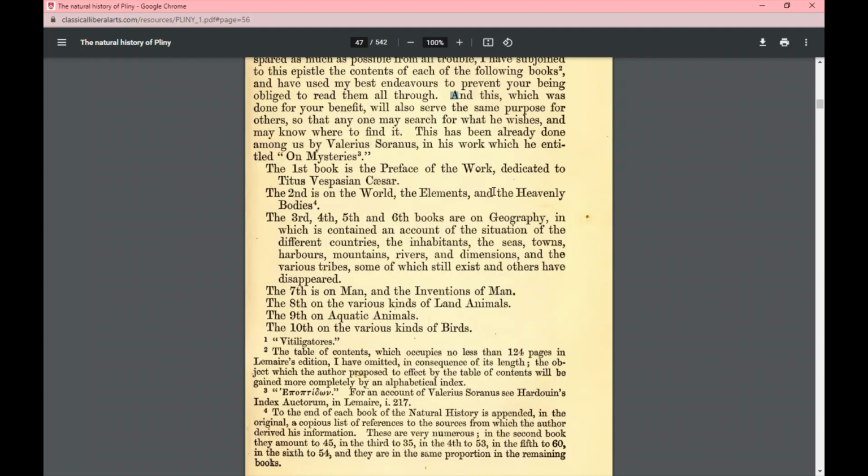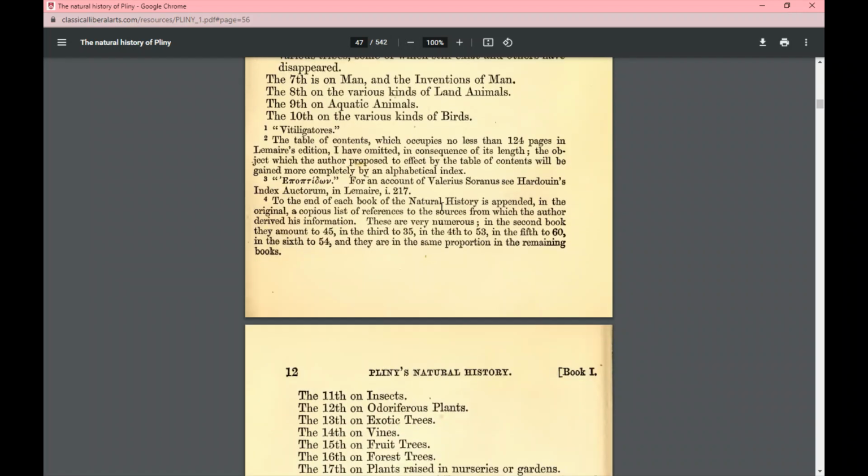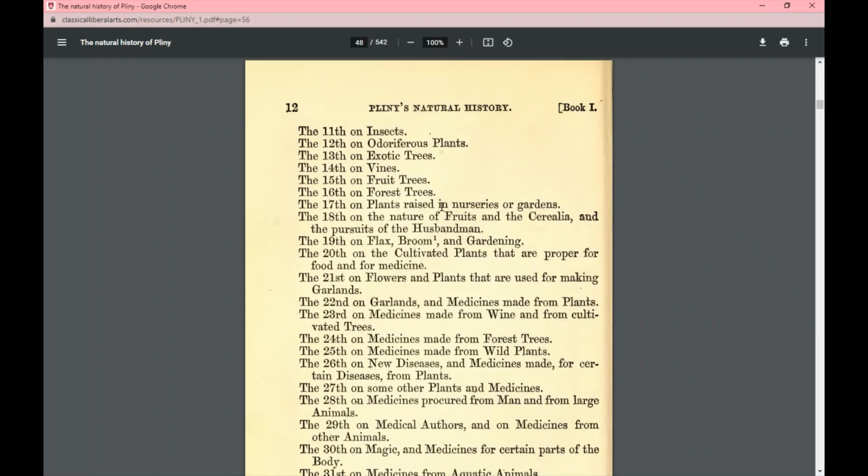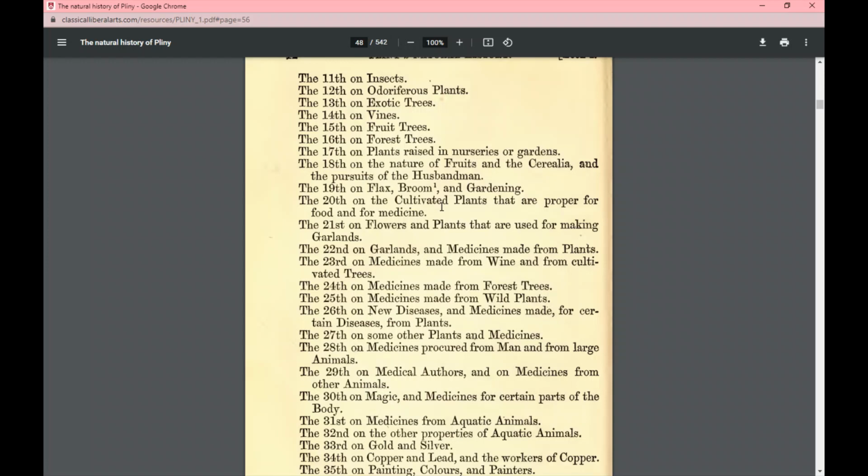In the 7th book, to keep going through this list, the 7th book is on man. The 8th book is on various kinds of land animals. The 9th book is on aquatic animals. The 10th book is on various kinds of birds. Go to the next page. The 11th book is on insects. The 12th book is on odoriferous plants, scented plants.